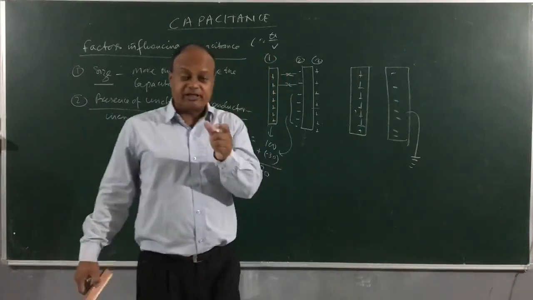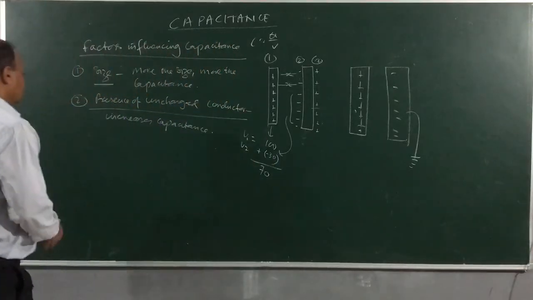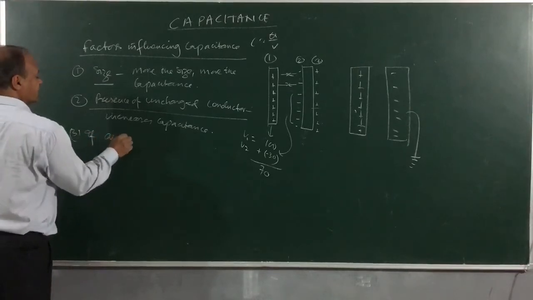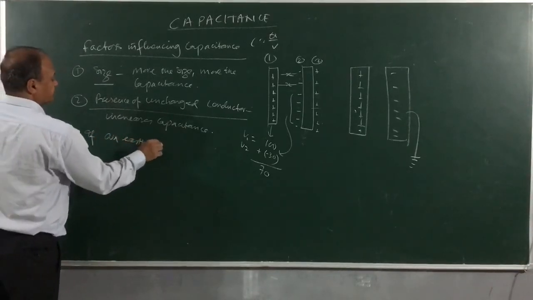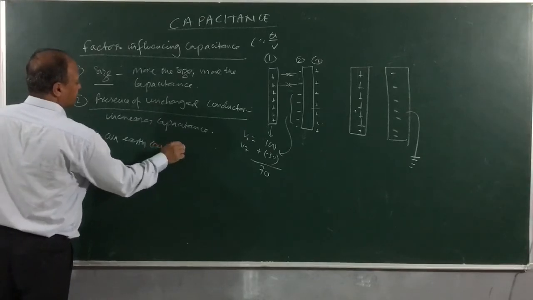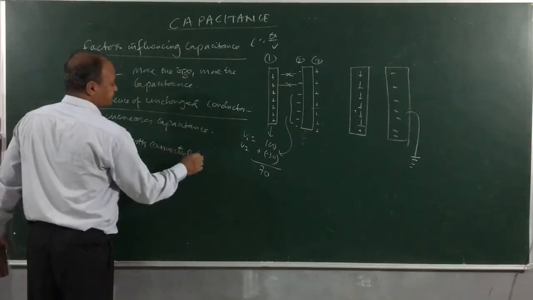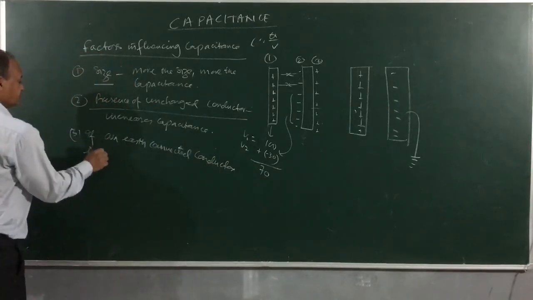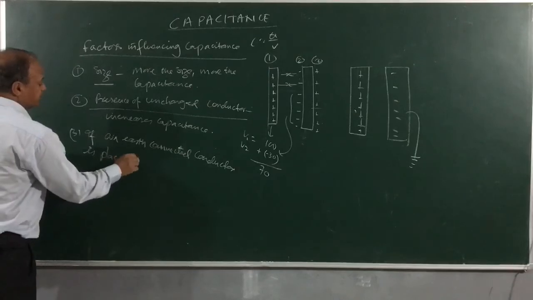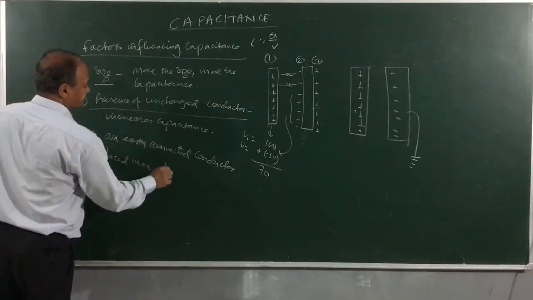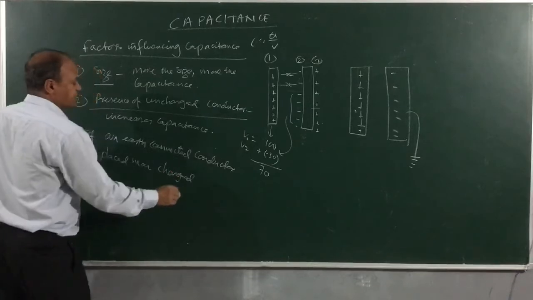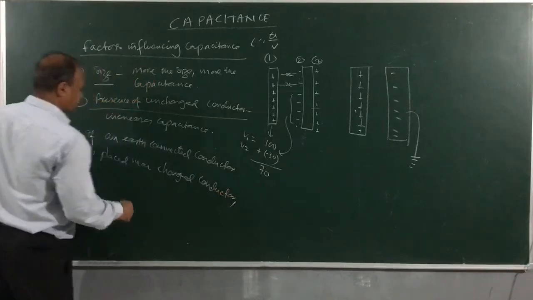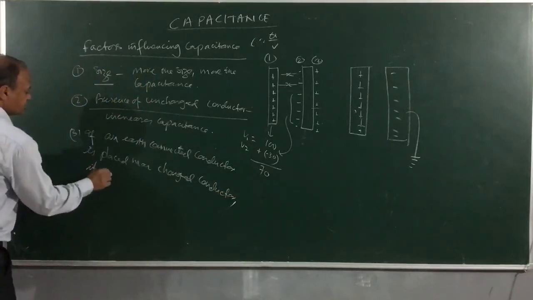So, we sum up our discussion. Third point. If an earth connected conductor is placed near charged conductor, it increases capacitance.